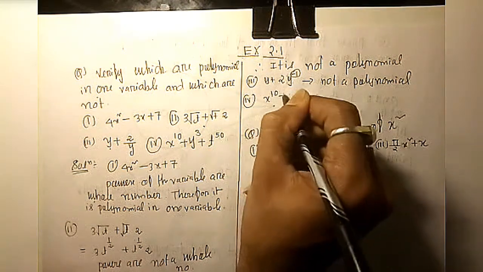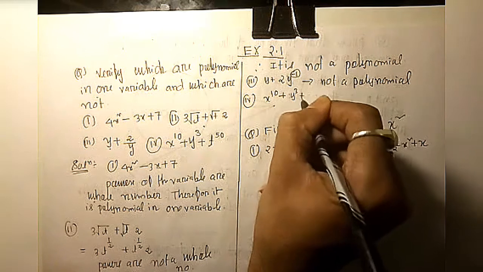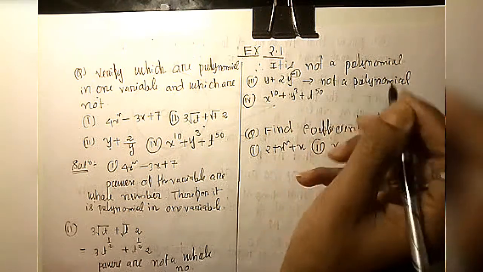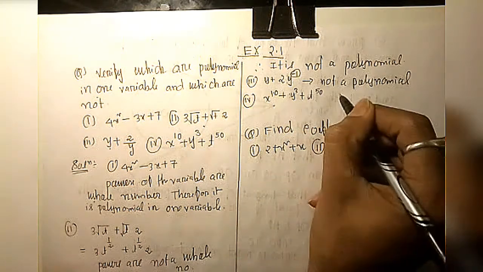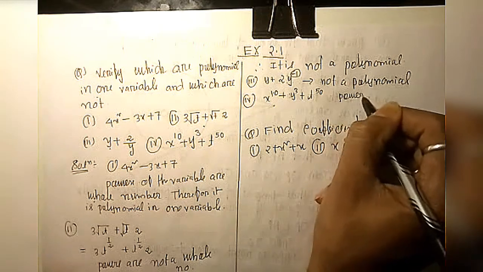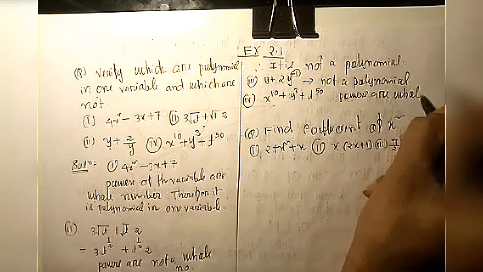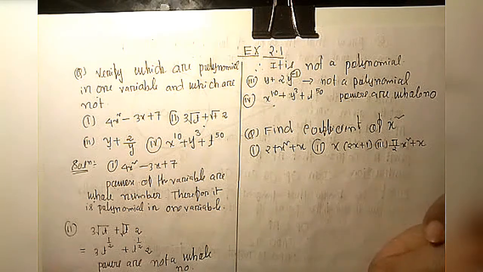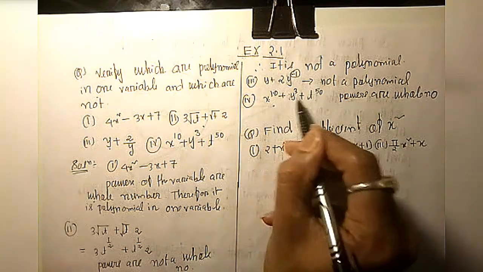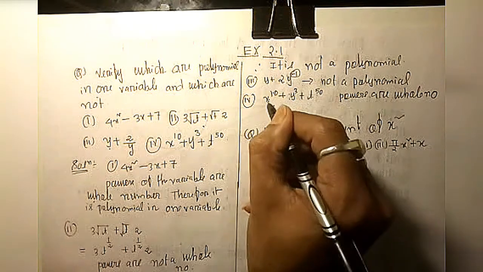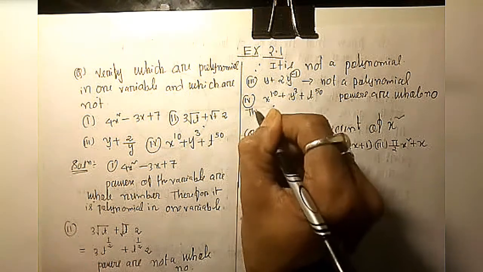Number 4, x to the power 10, y to the power 3 plus t to the power 50. In this case, the powers are whole numbers, which means it represents a polynomial. But how many variables?